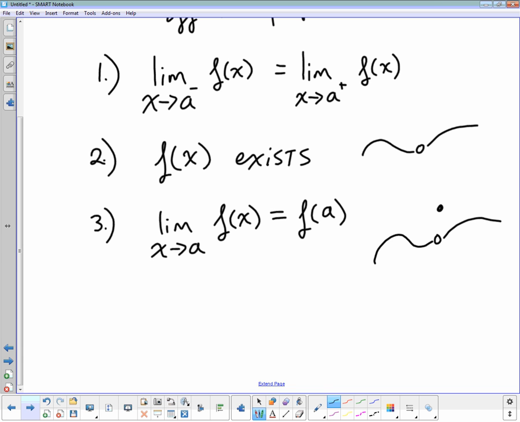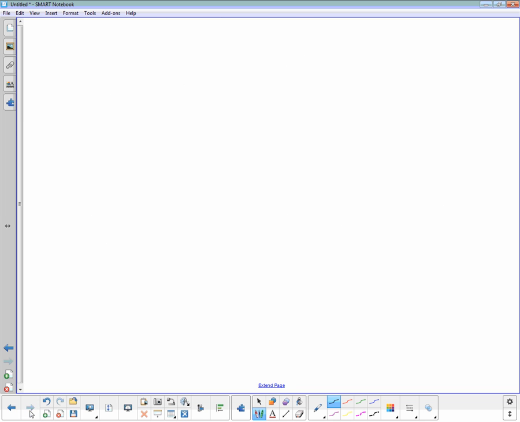So if you were to think about this for a minute, an example of this happening: x to the 0th. Think about that function, x to the 0th.